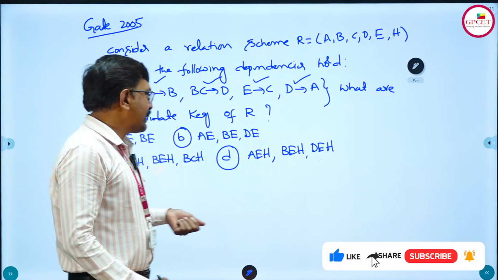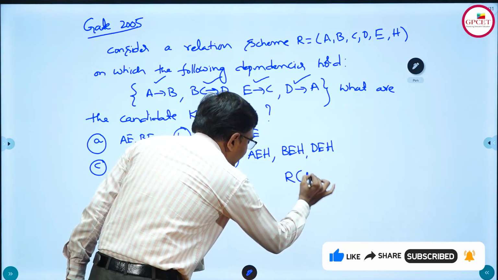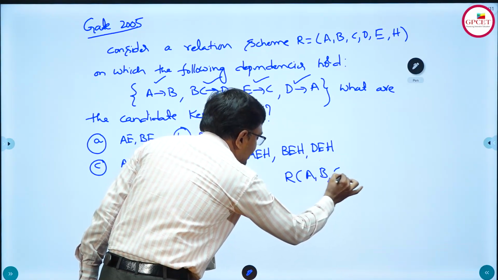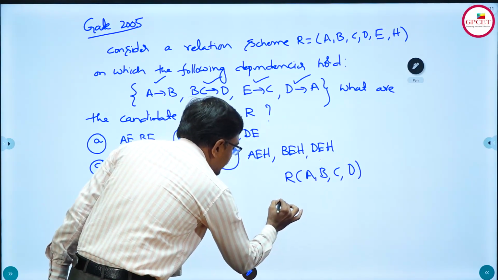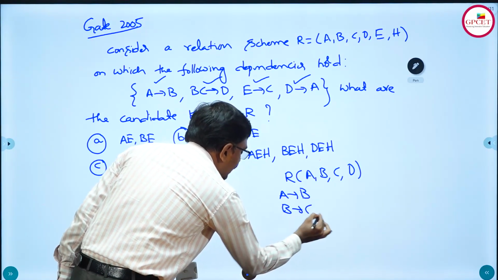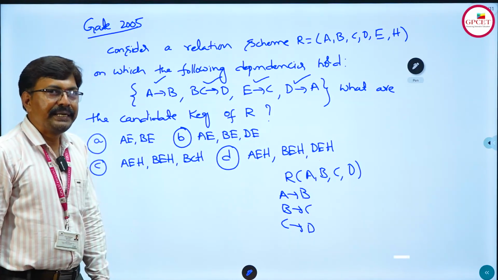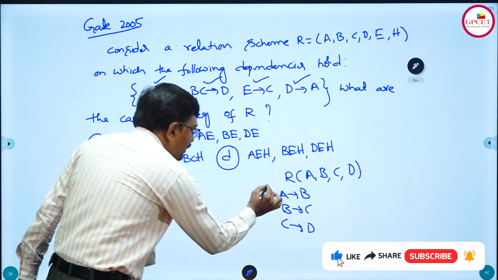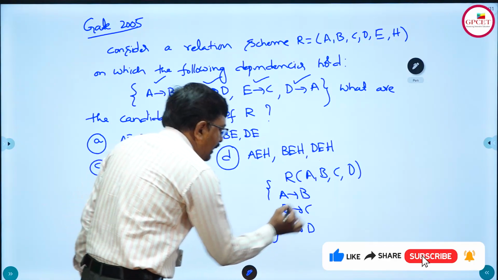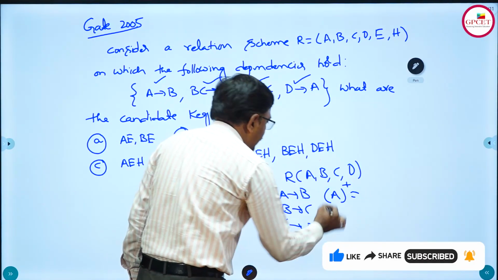Okay, observe here the same example: R(A, B, C, D), where A tends to B, B tends to C, C tends to D. The first one is the A closure.